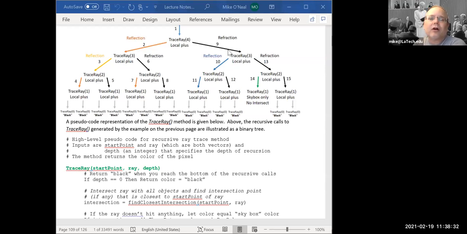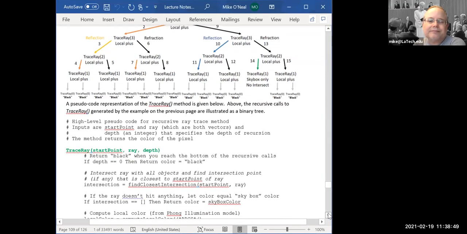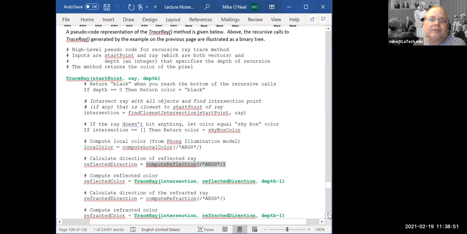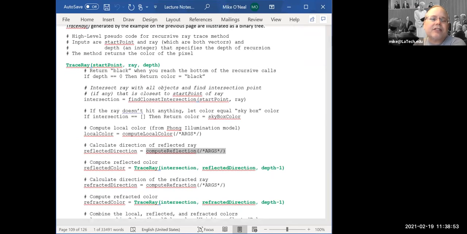And your refracted ray or your reflected ray could have had no intersection. The first thing you do in trace ray is you compute an intersection, right? And if there's no intersection, you return the skybox color. You don't do any more recursion, right?